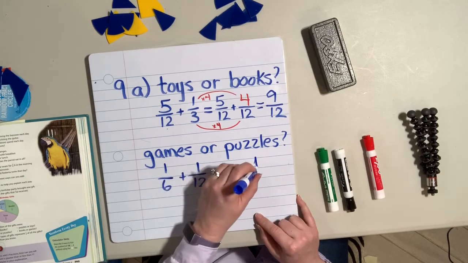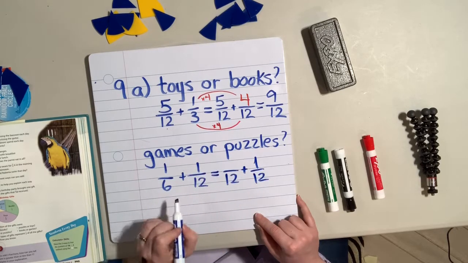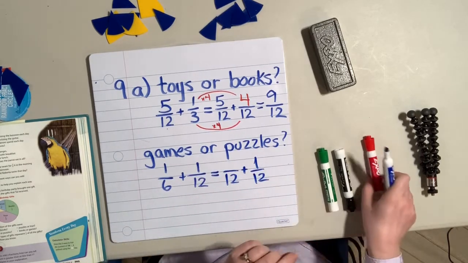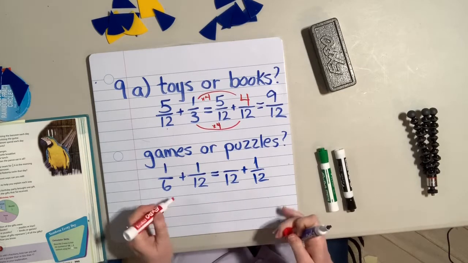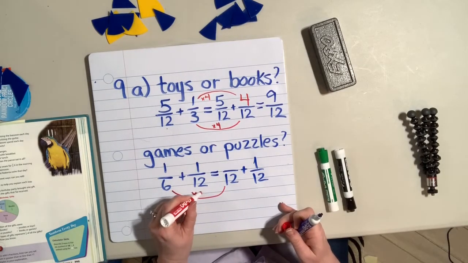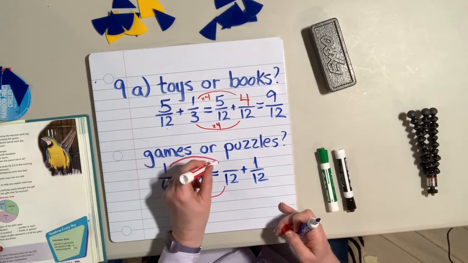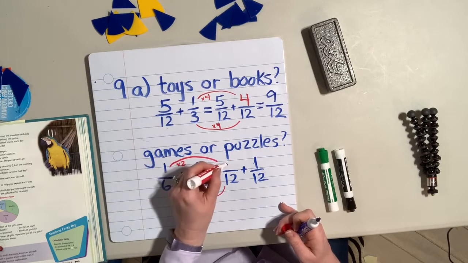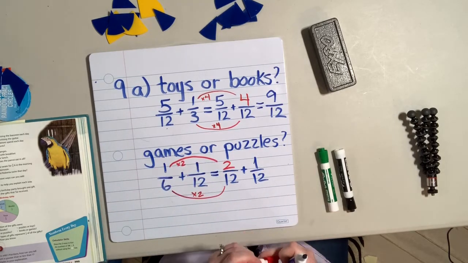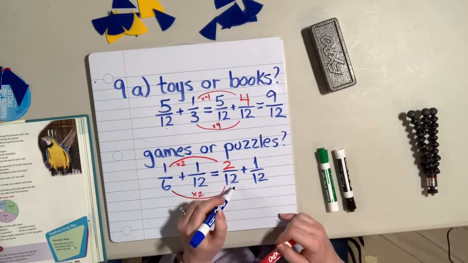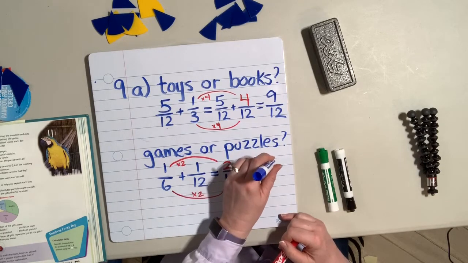Don't need to do anything to this one because it's already in the 12ths. What did we do to get from 6 to 12? We multiplied it by 2. So we need to do the same thing to the numerator. 1 times 2 is 2. Now we can add those up. 2/12 plus 1/12 equals 3/12.